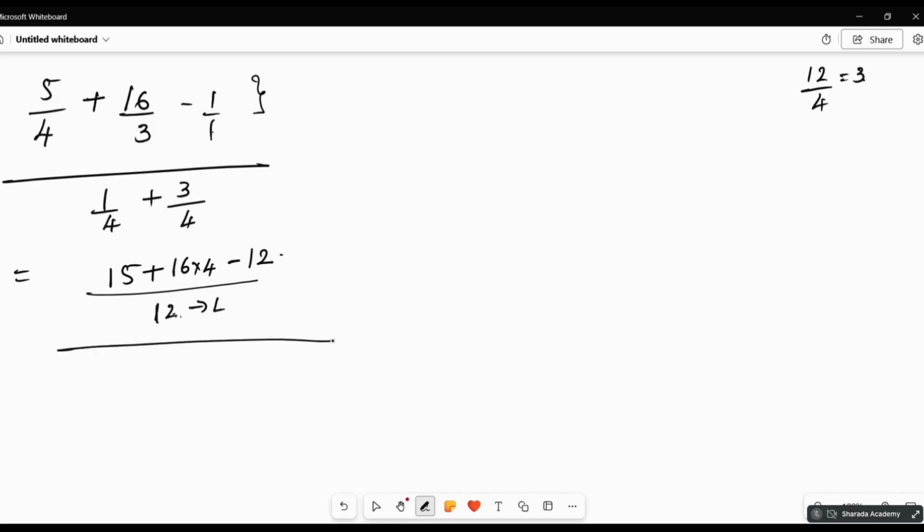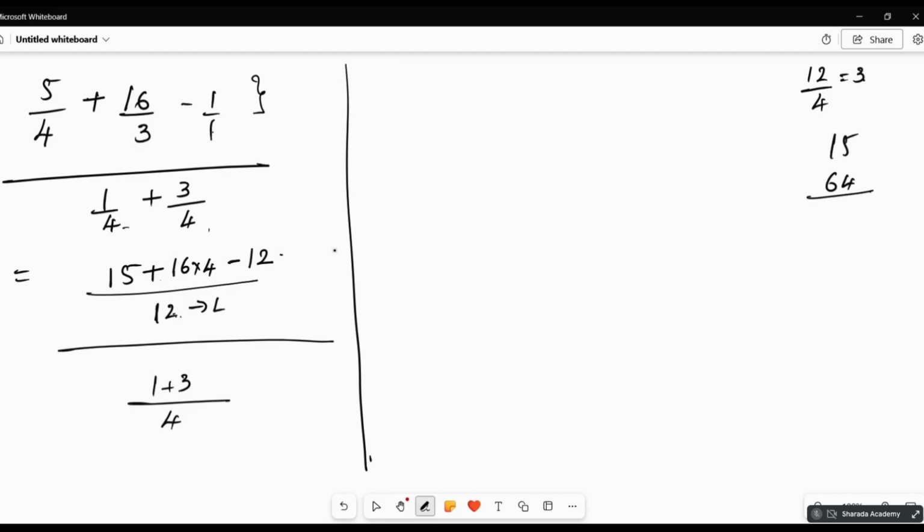Now 16 into 4, 64, plus 15 minus 12. 15 minus 12 we will take as 3 directly, so you will get 67.